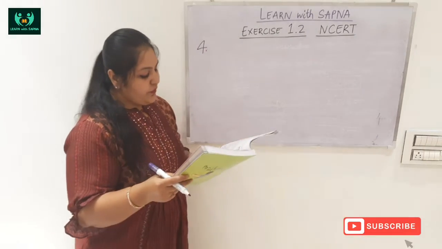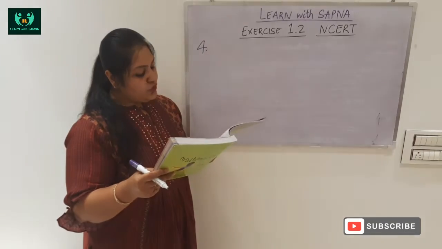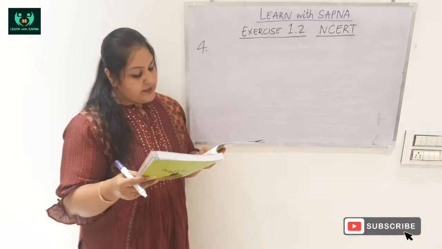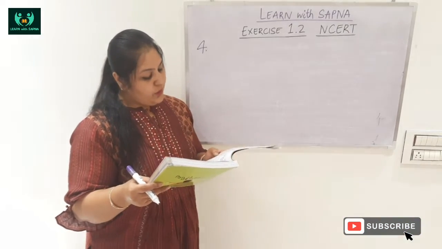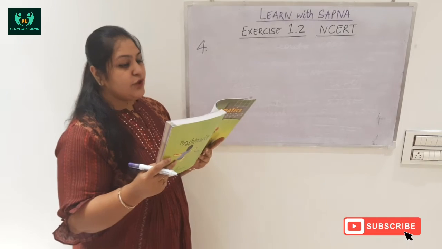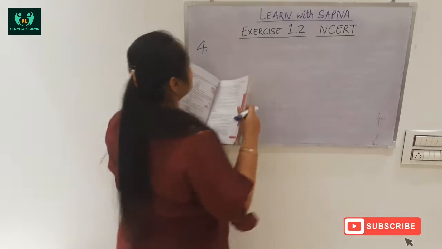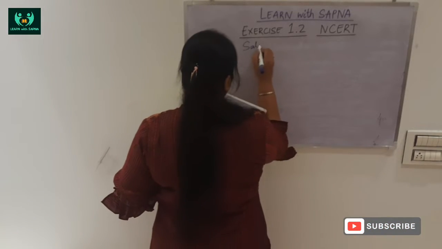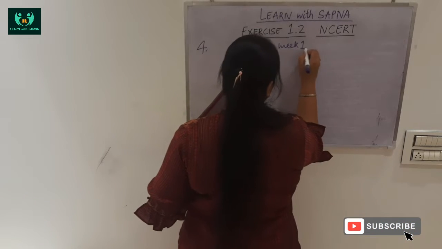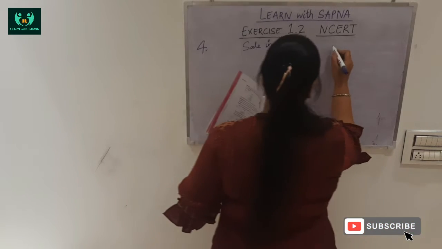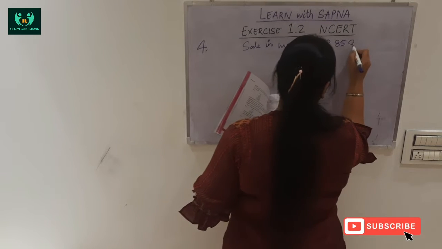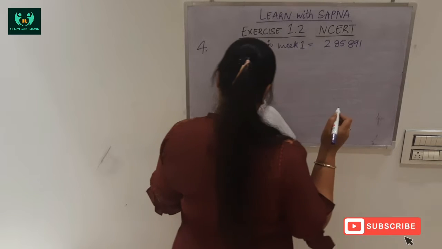Now, the fourth question says, Kirti bookstore sold out books worth 2,85,891 in the first week of June. Books worth this much in the second week of month. How much was the sale for the 2 weeks together? Right? So the sale in week 1 is 2,85,891.